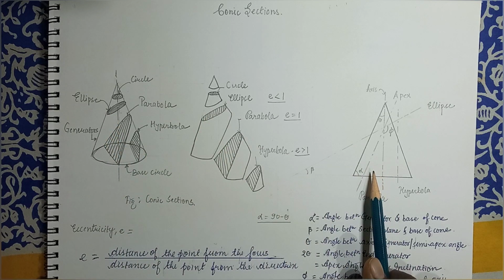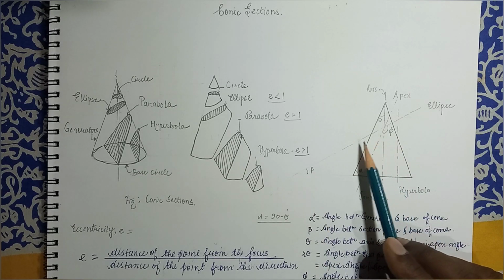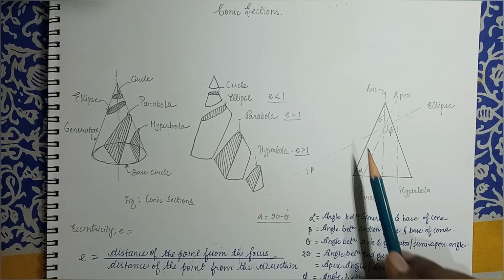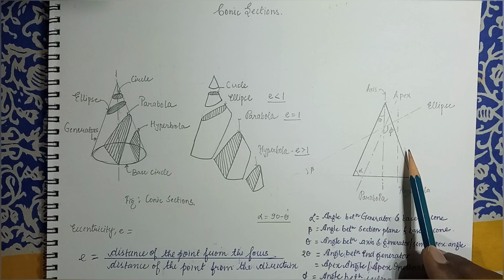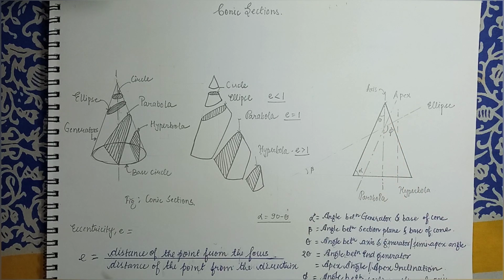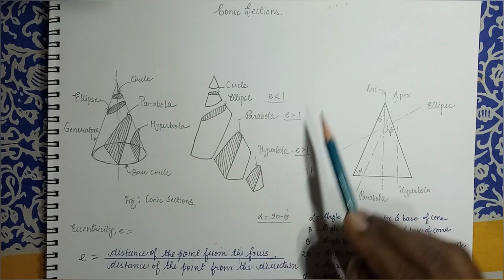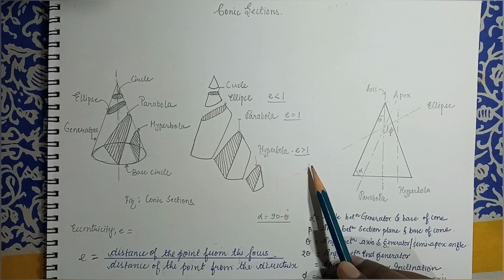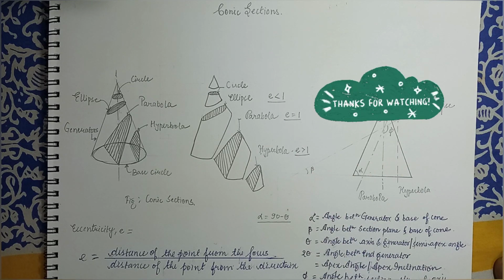We have also seen different terminology, various angles, and how various sections are obtained when the section plane has different orientations with respect to the generators and the axis. What is eccentricity? For ellipse, parabola and hyperbola, what are the eccentricities? I hope things are clear with this video.